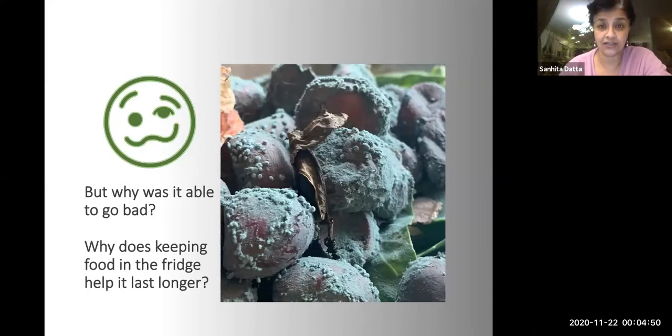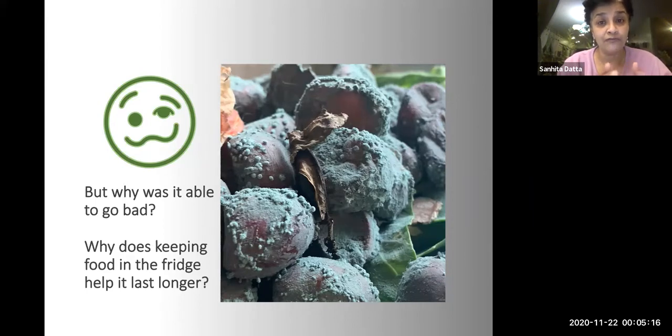And in those days, the mold spores were able to grow really, really well. That's because the enzymes in the mold preferred this temperature, preferred the room temperature. So the enzymes had their optimum temperature. And so they were able to grow really well, the molds, and they made my grapes go bad.